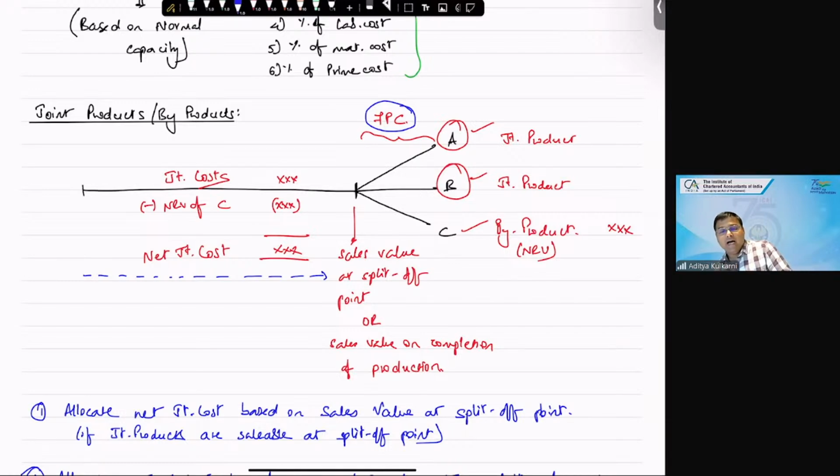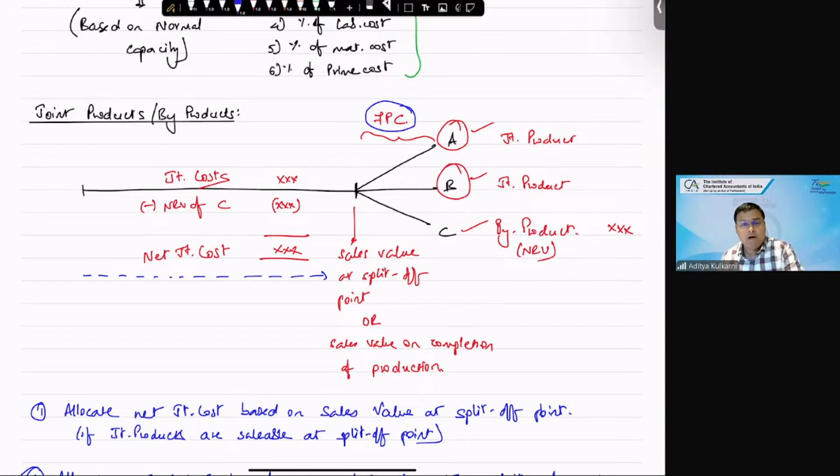How am I going to allocate? Sir, output के हिसाब से कर दो, 3 प्रोडक्ट है, joint cost है, divide joint cost by 3, you will get the total joint cost per unit. You can do that, provided the output is the same. Sir, if output is the same, why will they be different products? Exactly my point. If output is the same, it will not be different products.